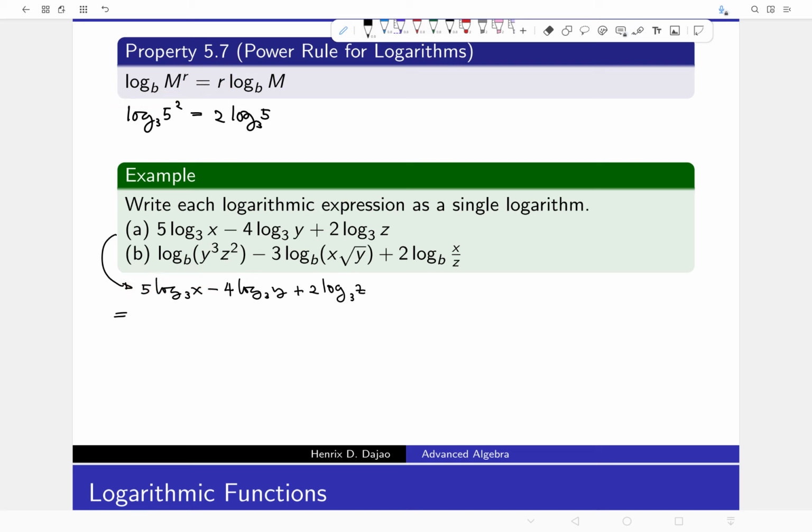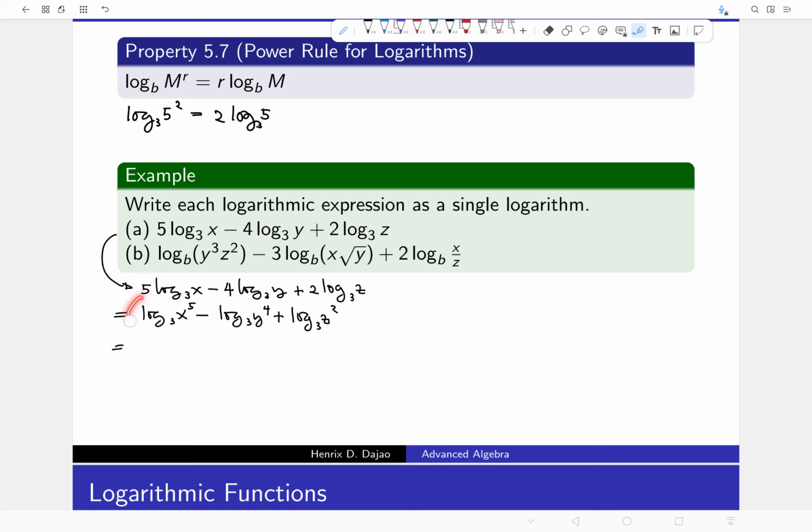So applying 5.3, this becomes log 3 x raised to 5 minus, similarly you have log 3 y raised to 4 plus logarithm 3 z raised to 2. Okay, now we can group these things since all of these three expressions here represent real numbers.